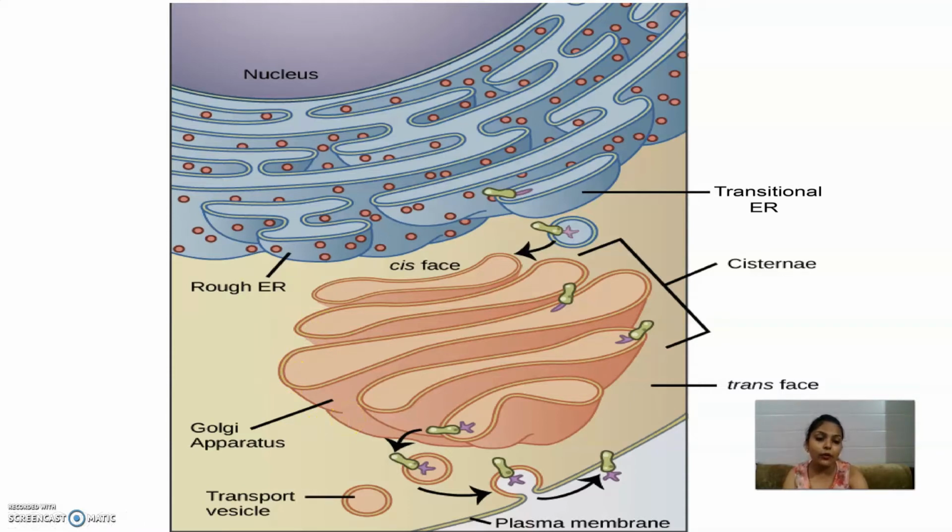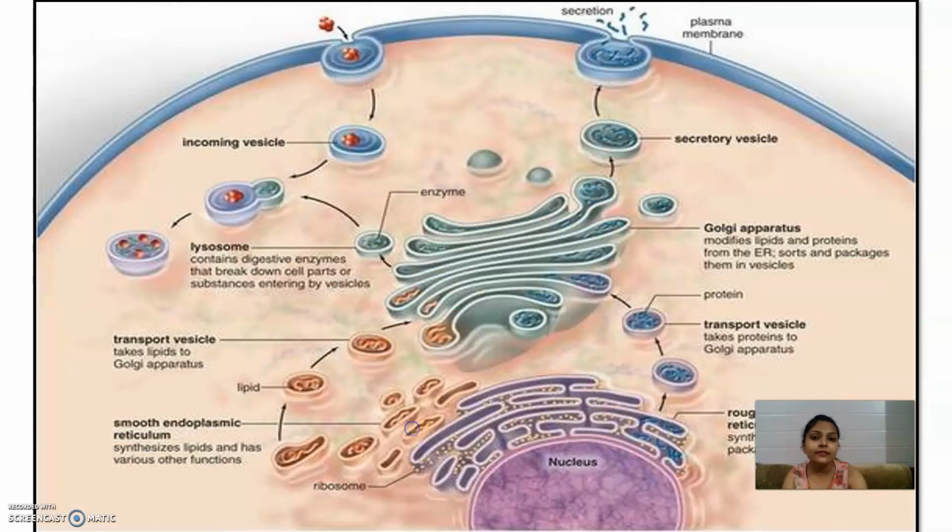They have the coating of this COPII protein. And there are some other kinds of coated vesicles called clathrin-coated vesicles, which we will be studying in our upcoming video that will be on protein targeting and sorting.